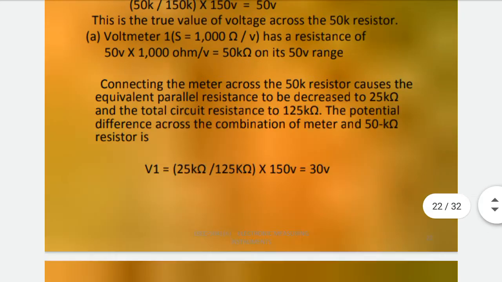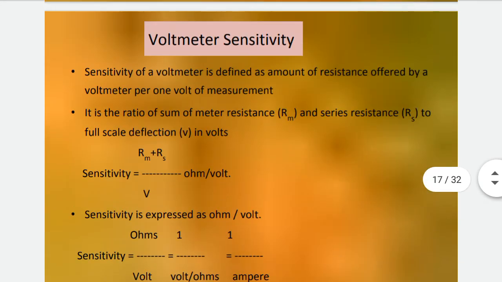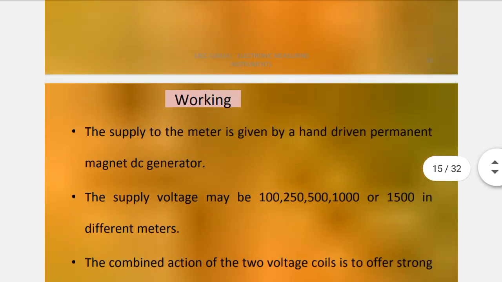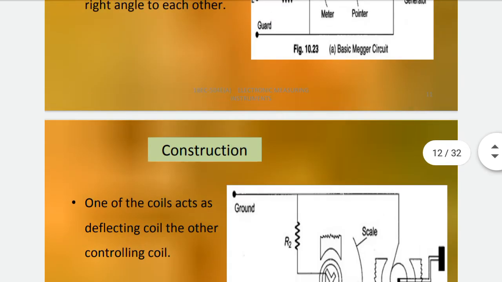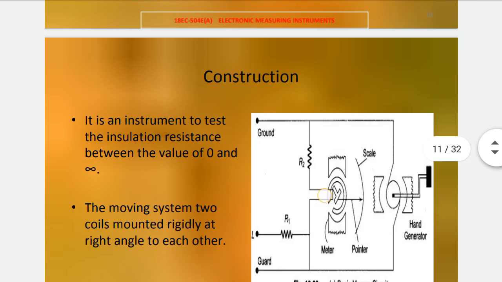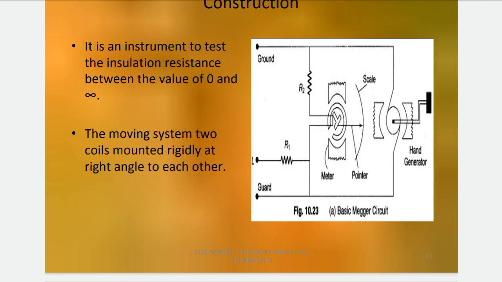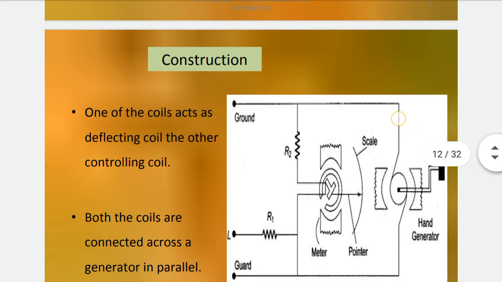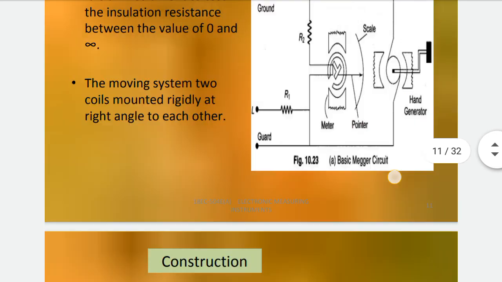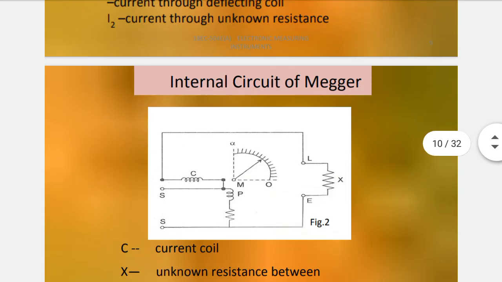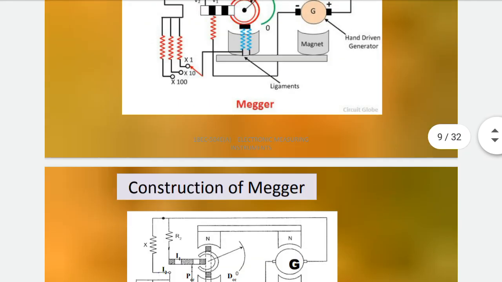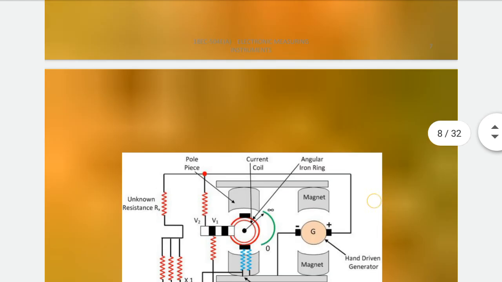Let us go to the construction figure, just like a summary. Now you can see there is a generator, a hand driven generator, that is the DC generator.